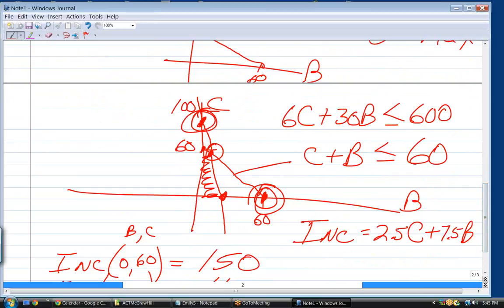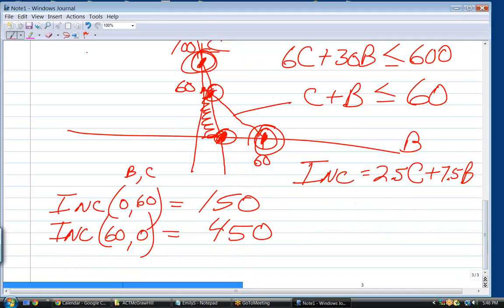And that is this point. Hold on a moment. That's this point right there. I could put 20 buses in there and no cars. So what would that give me in the way of income? If I make this figure 20, in other words, that's one of the vertexes, well, that's the same amount, 150.